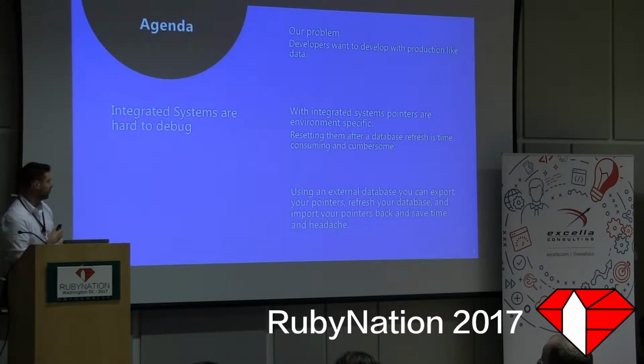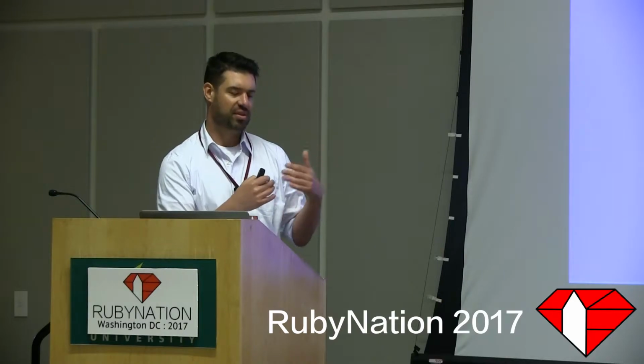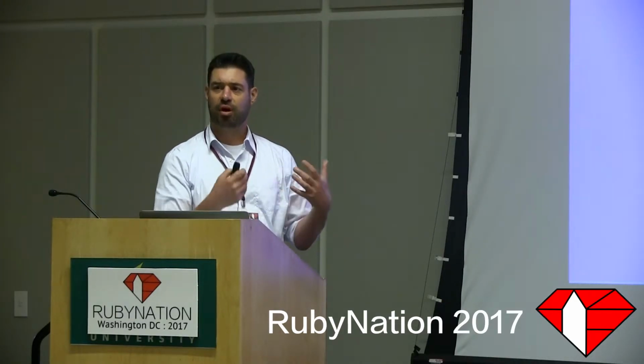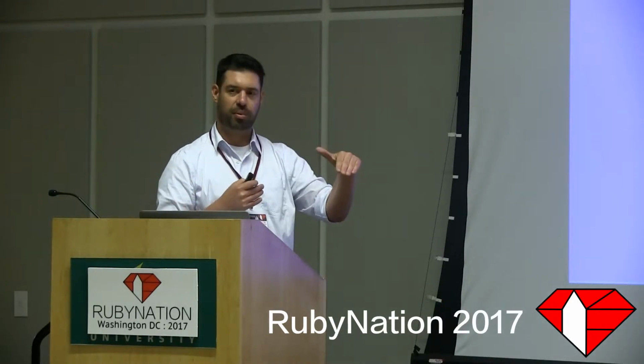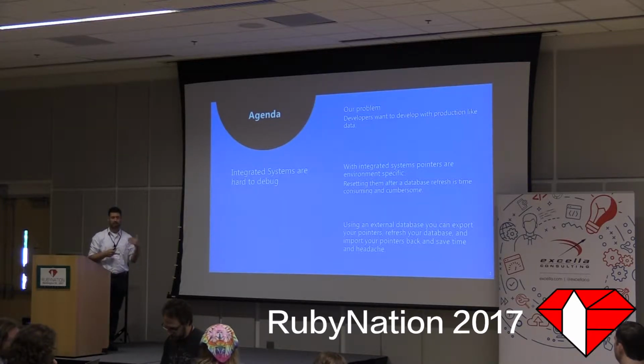So the solution, what I propose, what works for us, is we've got this external database, and we sync the pointers, basically our key value pairs, out of our systems to this third-party database, take the production snapshot, bring it down, and then sync those pointers back in to make that production cut basically work again.